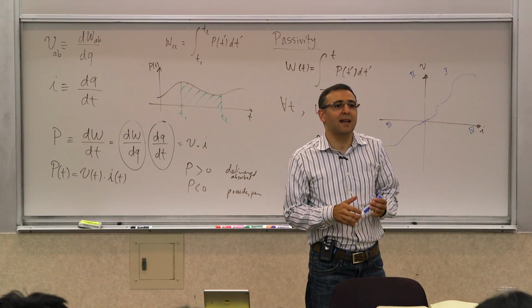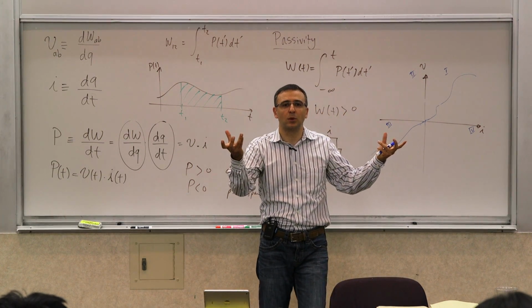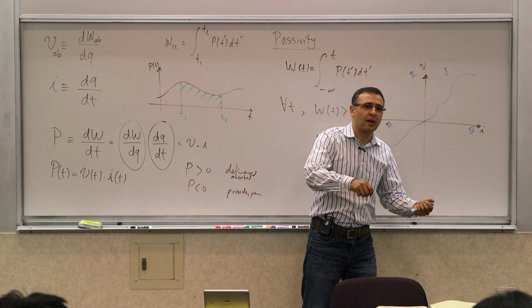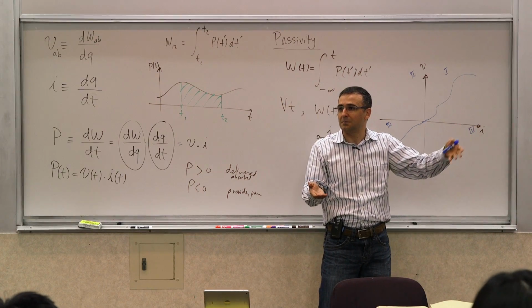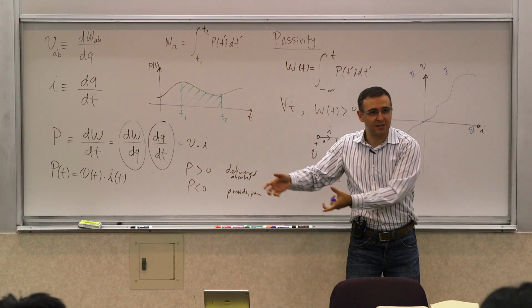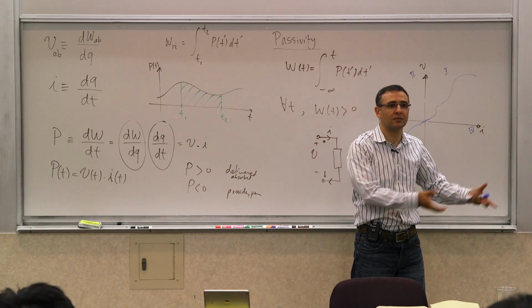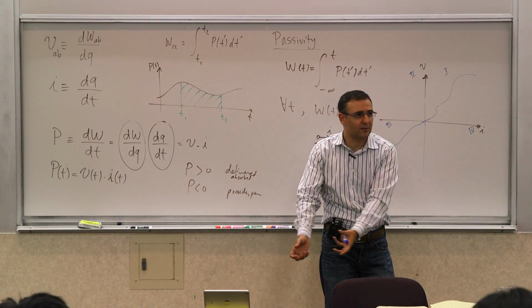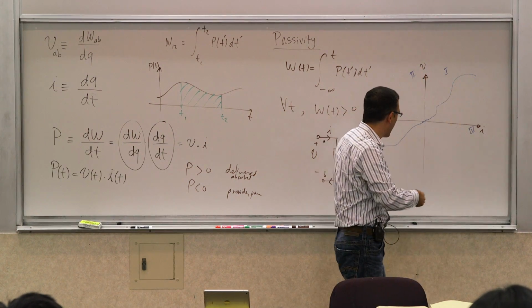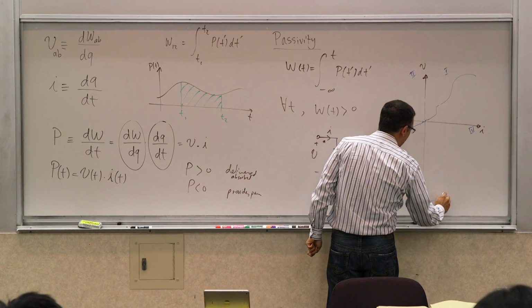And from the hydraulics analogy, you can think about it like you can have reservoirs and you can get water from one to the other. If you can get water from the lower reservoir to the higher reservoir, it means that there's a system that can actually take energy, inject energy, right? If you have a pump that takes water from the lower reservoir and puts it up in the higher reservoir, then you have an active system.